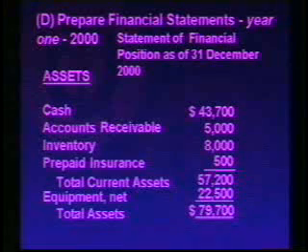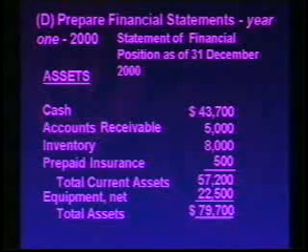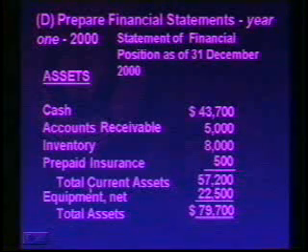So for now, look at the form of the balance sheet, right? On the assets side, notice the assets are listed in order of liquidity. And we have cash, receivable, inventory, prepaid insurance, total current assets. What we will often do is separate out current assets from long-term or non-current assets.